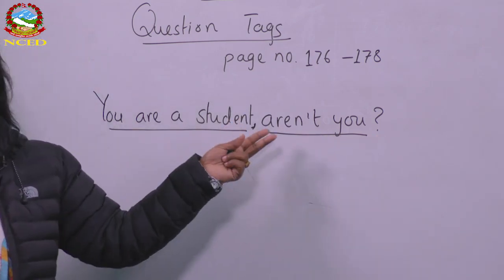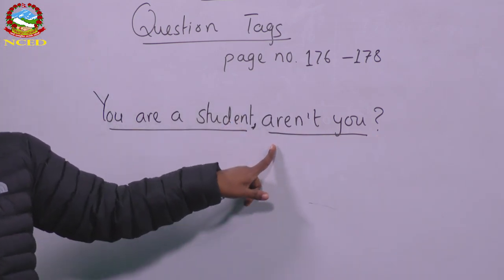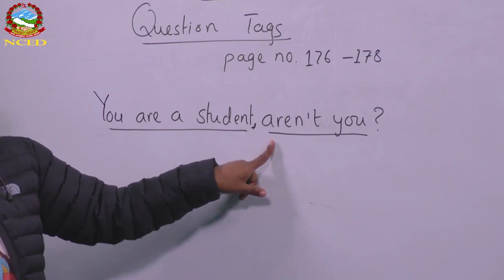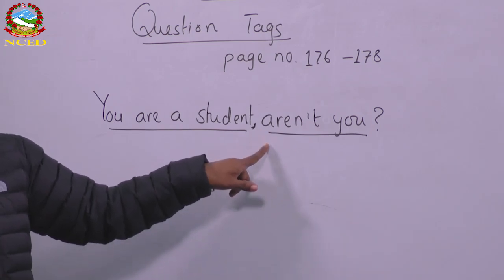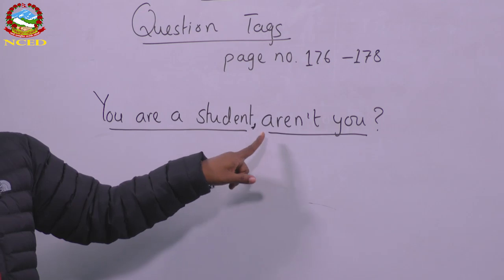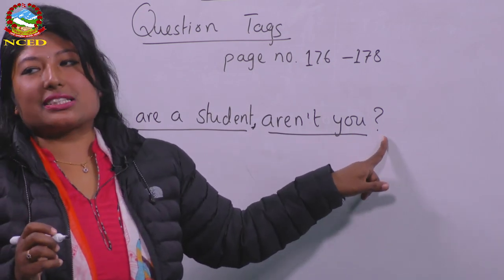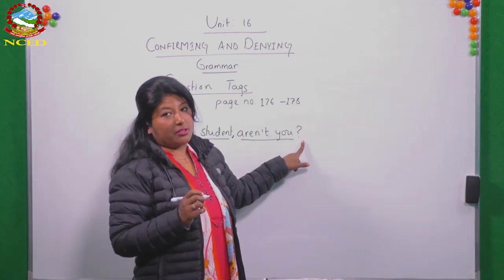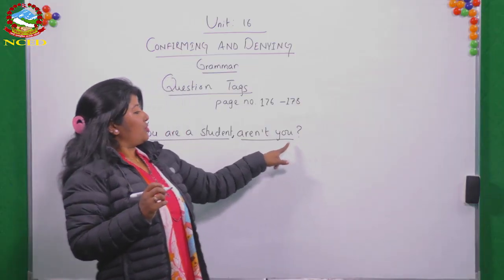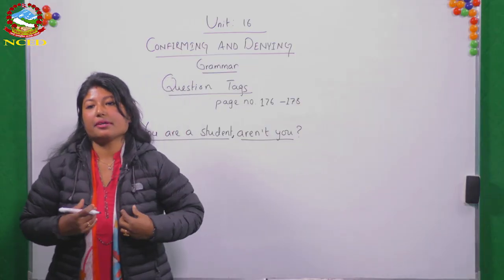So let me focus on this point. Small letter. Most of the students make mistakes over here. They might start with a capital letter, but you must start with a small letter and there must be a question mark since it is a question. So do not forget this part. Okay?